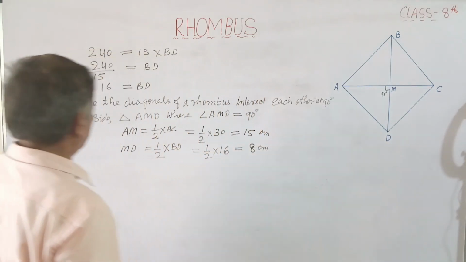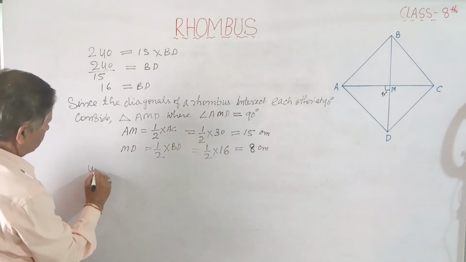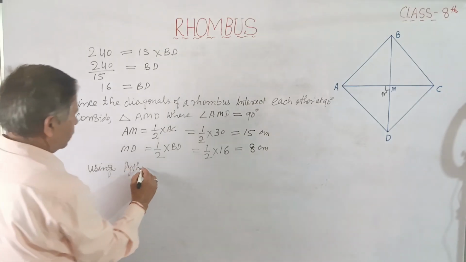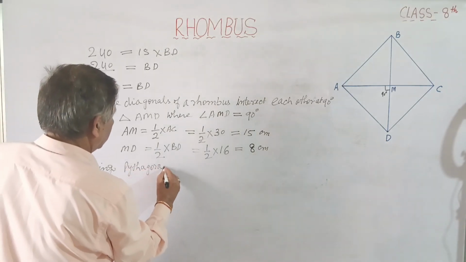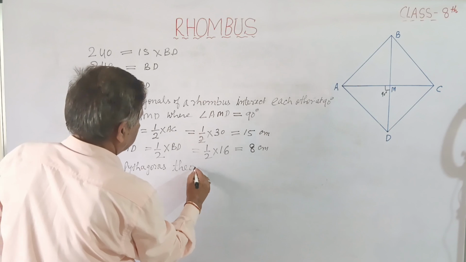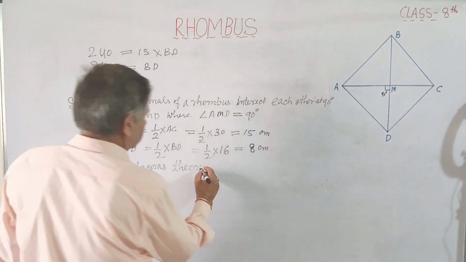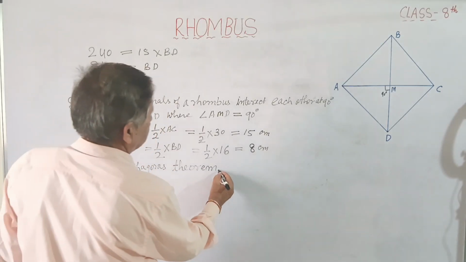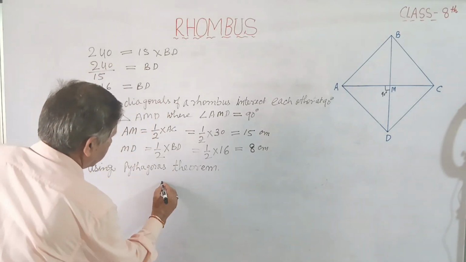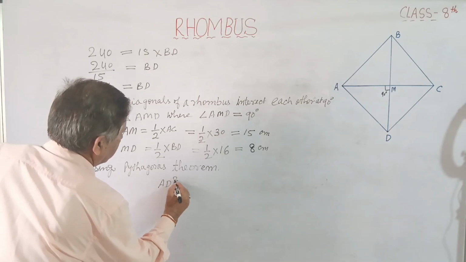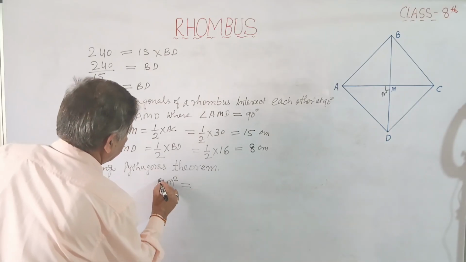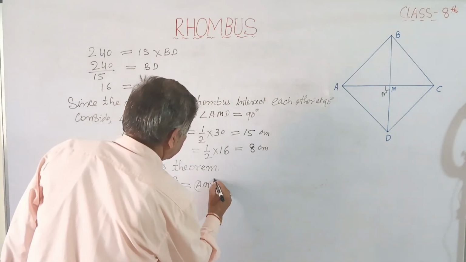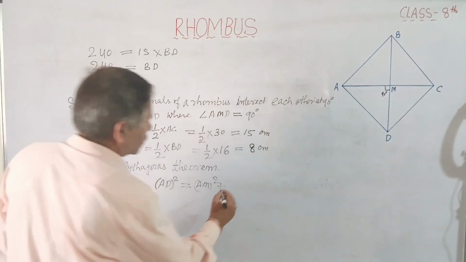Now I will use Pythagoras theorem. Using Pythagoras theorem, AD square equals AM square plus DM square.